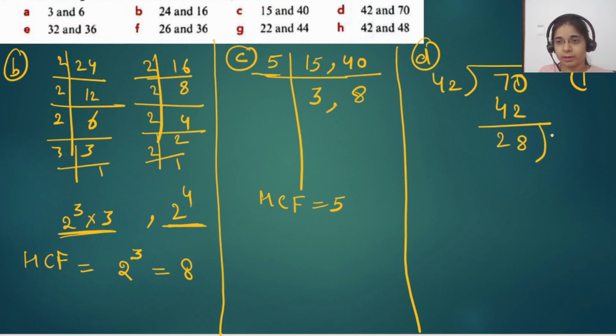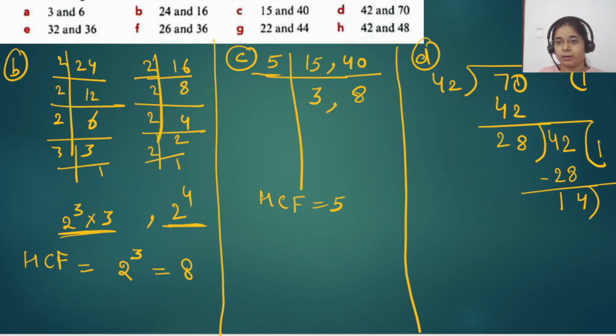Now this remainder is my new divisor, and this 42, which was the previous divisor, becomes my new dividend. Now let's see. 28 ones are 28, 28 twos will be 56. So we'll do 1 by 28 ones are only. So let's subtract it. 12 minus 8, 4. 3 minus 2, 1.